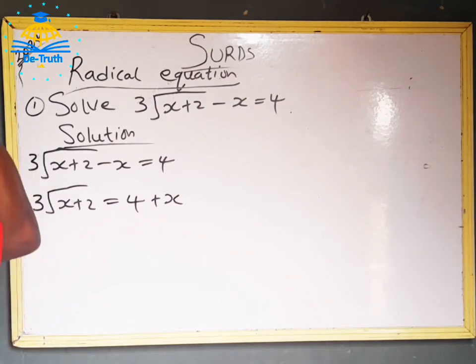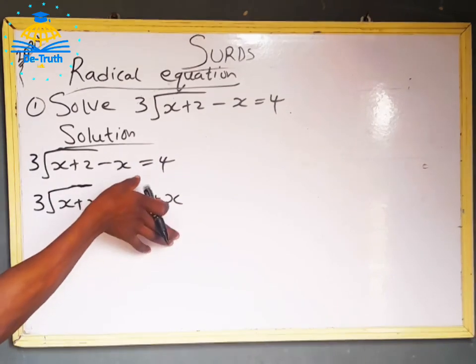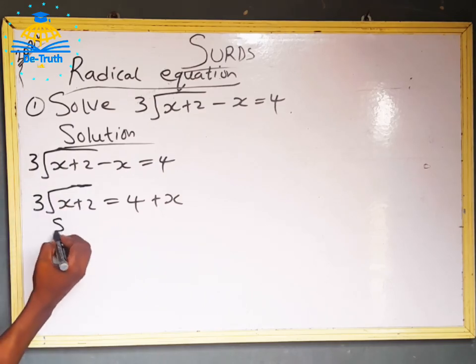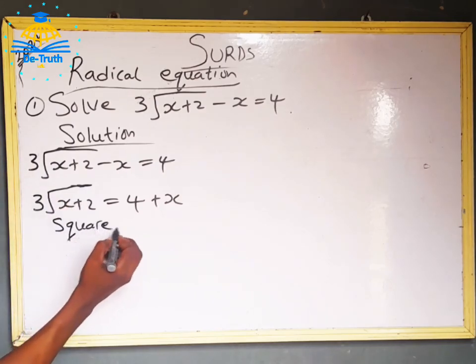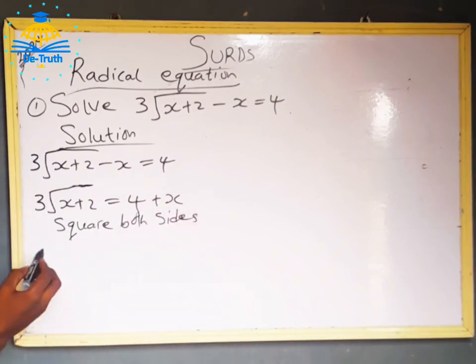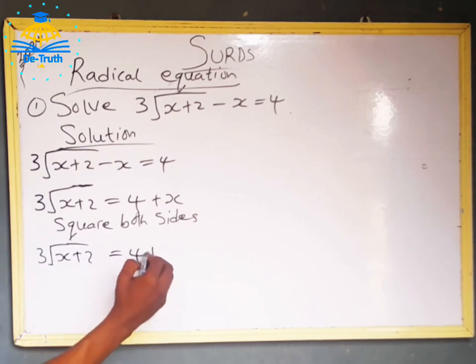Now from here, you can see this one has the root and this one doesn't have the root. You can just square both sides. Let's square both sides. We have 3 root x plus 2 equal to 4 plus x.